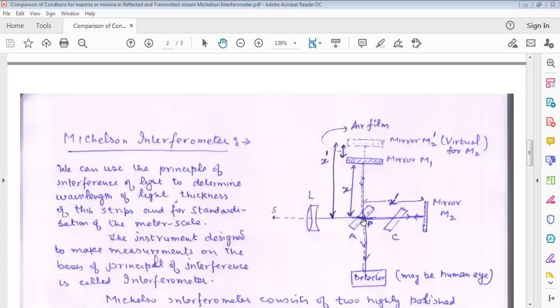Now, what we can do, mirror M2 is kept fixed. We change the position of mirror M1. When the position of the mirror is changed by a distance equal to lambda by 2, then an optical path difference will be introduced equal to half of the wavelength.